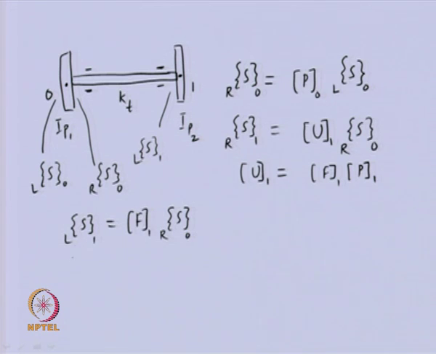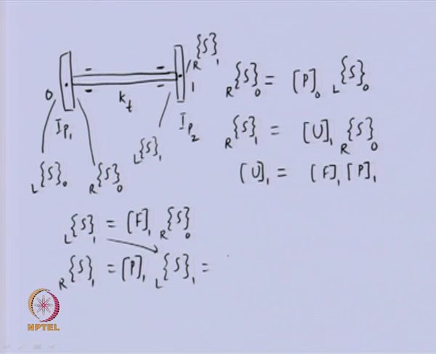Now we get the state vector right of station 1 from left of 1. In between the left of 1 and right of 1 there is a disc, so we need to multiply by the point matrix.